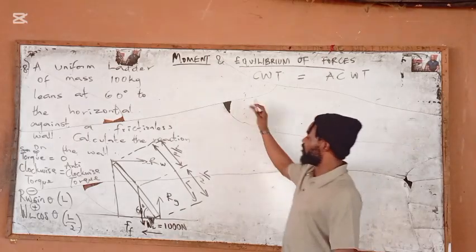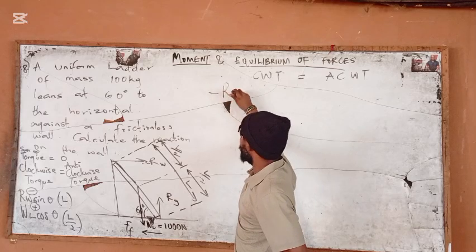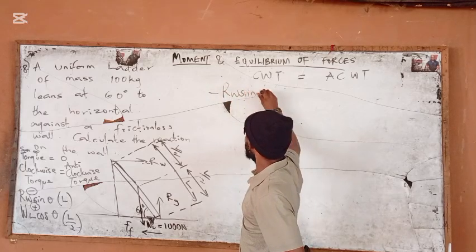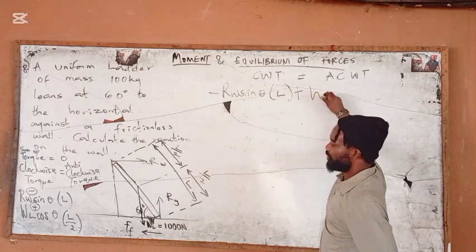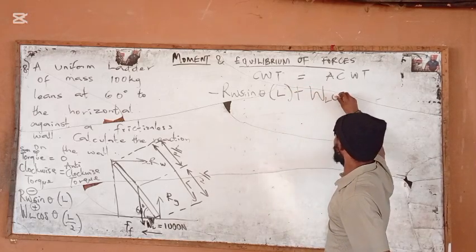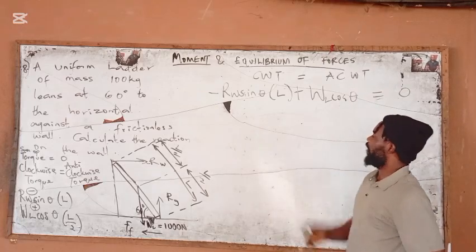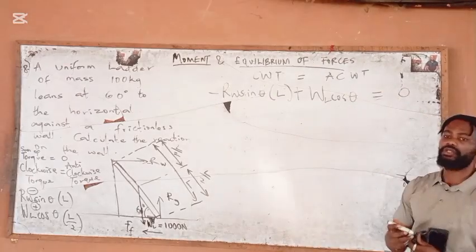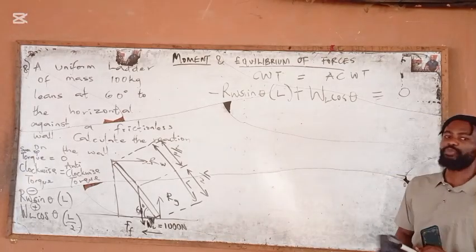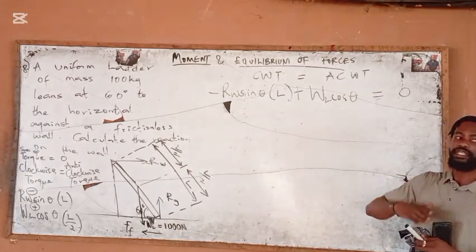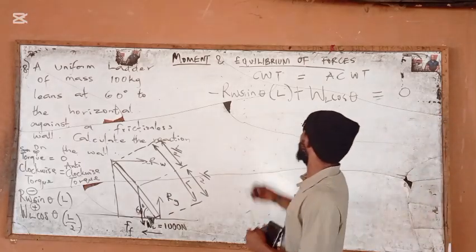But if we want to, we can say it's the same as minus reaction on the wall sine theta times L plus weight of the ladder cos theta times L over 2 equals 0. That's why I normally tell my students, don't consider the signs. It's okay to pull it out, but the best way is just to make this equal to this.